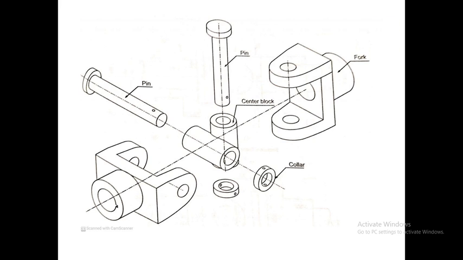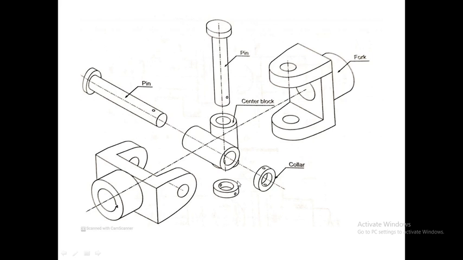Now one thing to note, students, is that you can see here the vertical pin and the horizontal pin, both are cylindrical in shape. Similarly, the center block is cylindrical in shape and has a cylindrical hole inside it. Again, the collars which are used for locking this pin with the center block and the fork are cylindrical in shape. So you can see the majority of the parts here are cylindrical in shape.